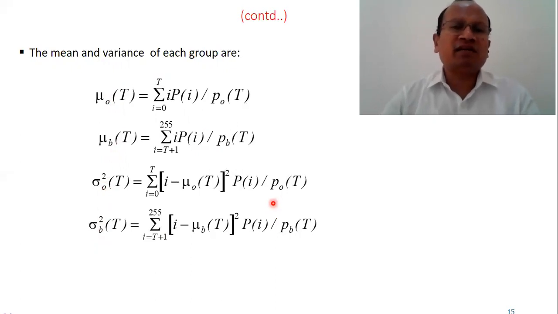As you can see, we are computing the difference of each pixel with respect to the mean value for the object, multiplying by the relative probability with respect to the object probability, and then squaring it, and it becomes variance.